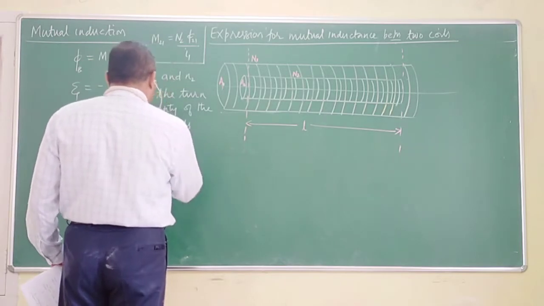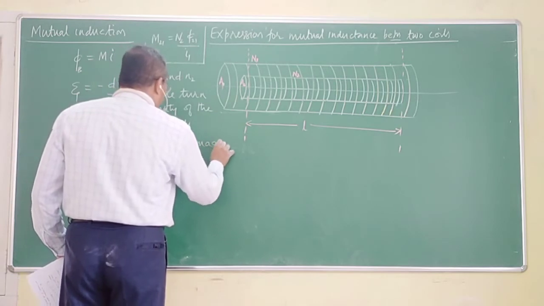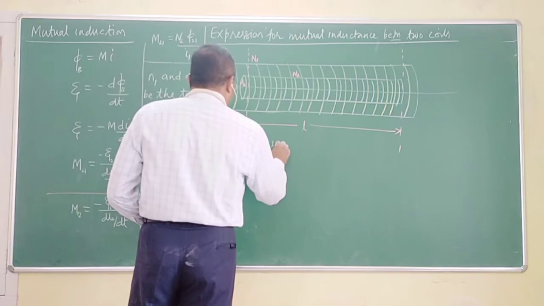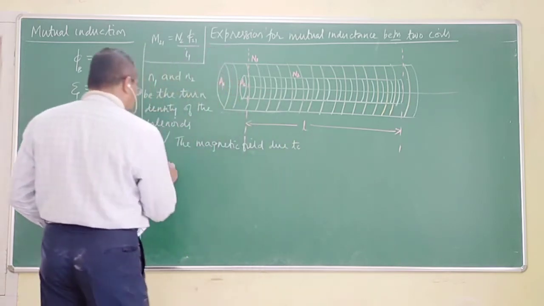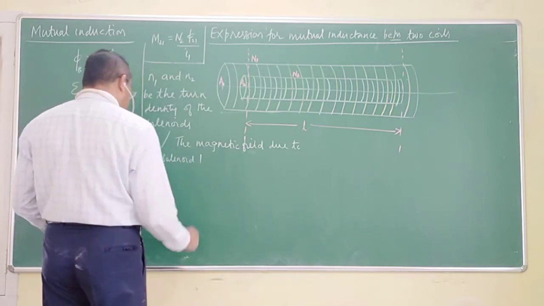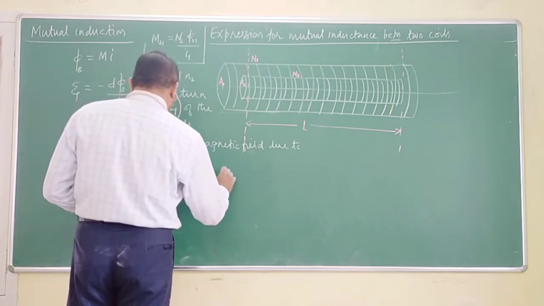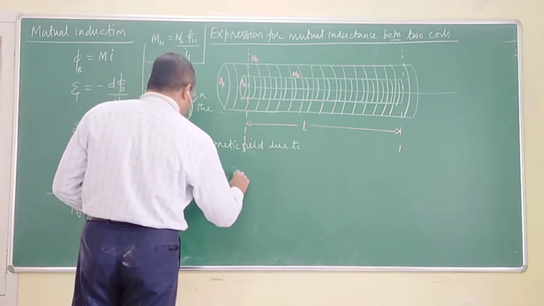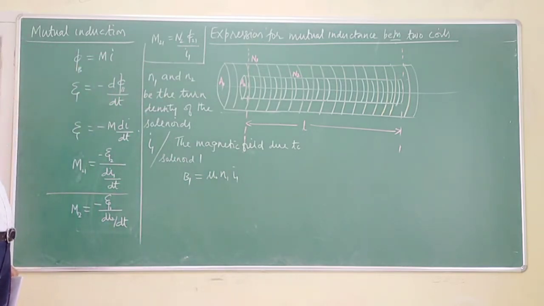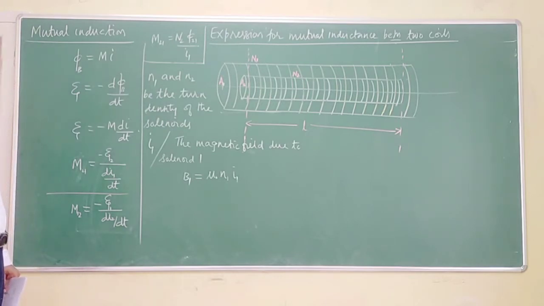The magnetic field due to solenoid 1, I will write it as B1 is equal to mu naught n1 I1. Magnetic field along the axis of solenoid 1, mu naught n1 I1.